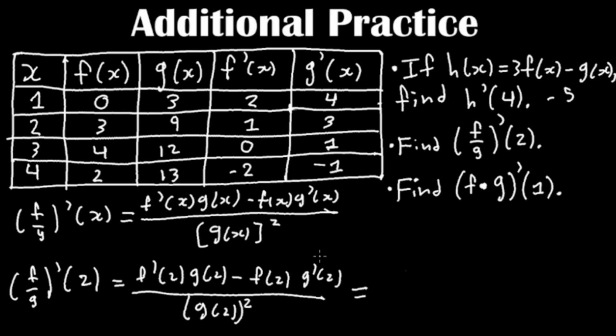So we know f prime of 2, if we look, is 1. So 1, and then g of 2 is 9, minus f of 2 is 3, and then g prime of 2 is also 3.